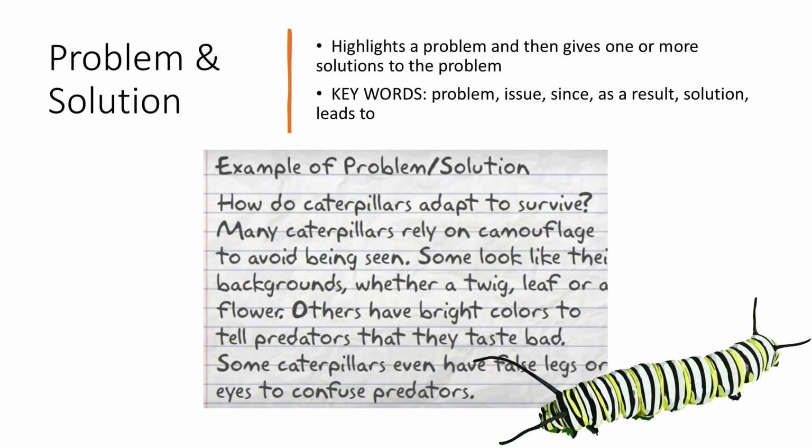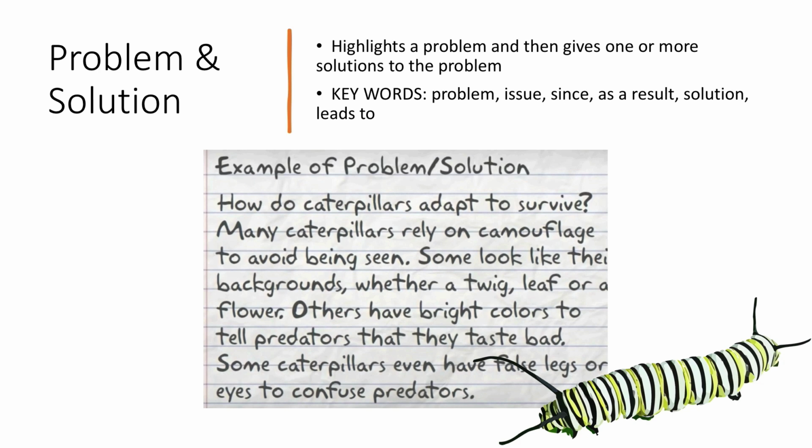How do caterpillars adapt to survive? Okay, right there. Boom, there's your problem. Caterpillars need to adapt to survive. Many caterpillars rely on camouflage to avoid being seen. Some look like their backgrounds, whether a twig, leaf, or flower. Others have bright colors to tell predators that they taste bad.